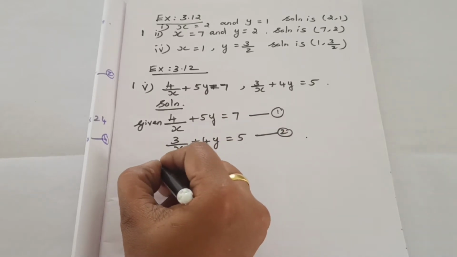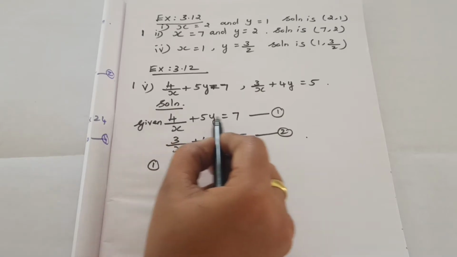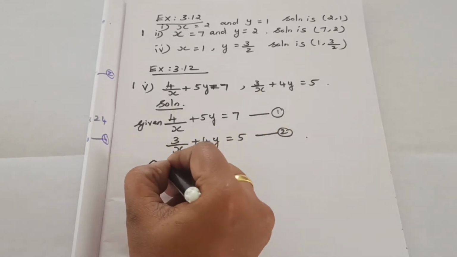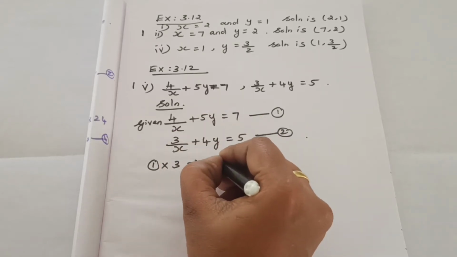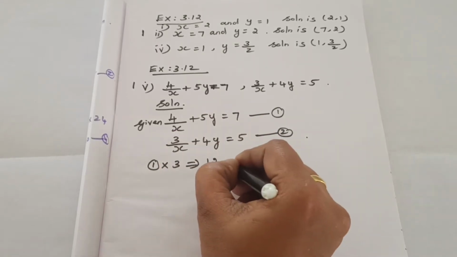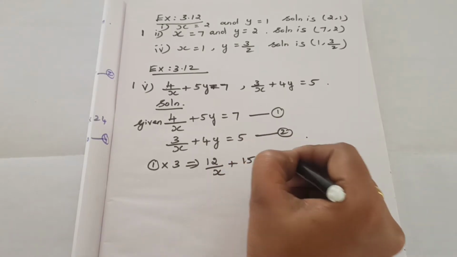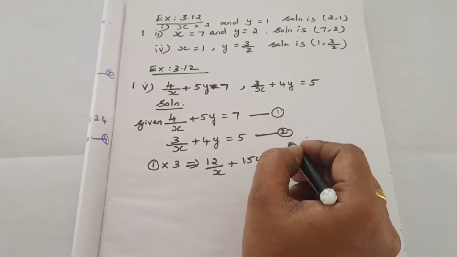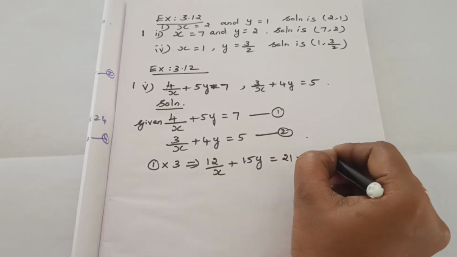Equation number 1 we multiply by 3, then we will get 12 divided by x plus 15y is equal to 7 into 3 is 21. Correct? That is equation number 3 we have to take.